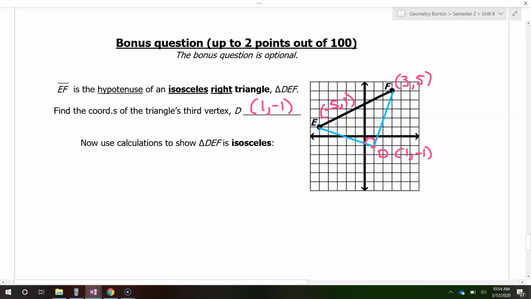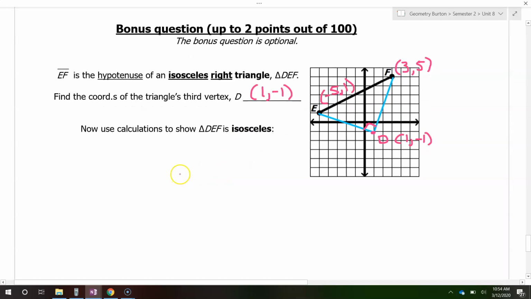So if we want to prove that this is isosceles, we're going to need to show that the lengths of the two blue sides here are equal. In other words, we need to find the length of ED, and we need to find the length of FD.